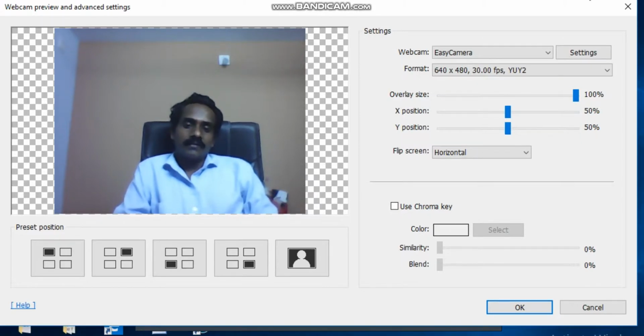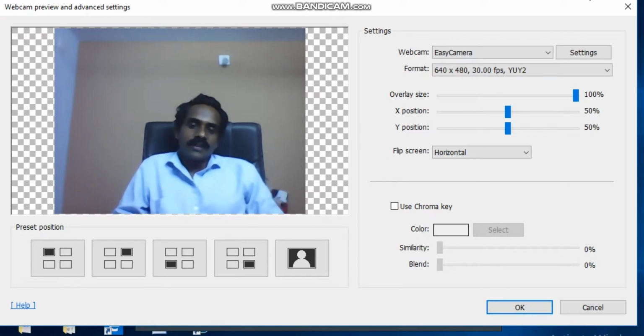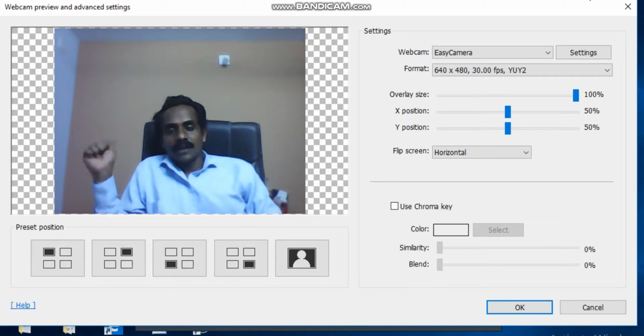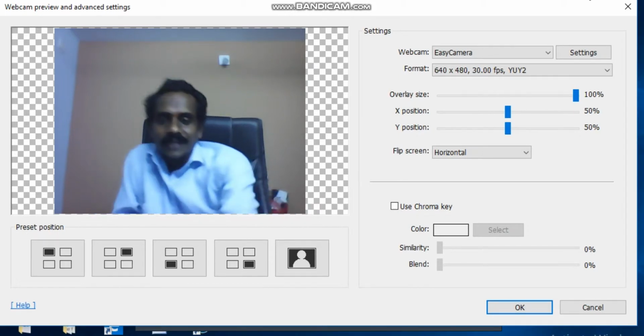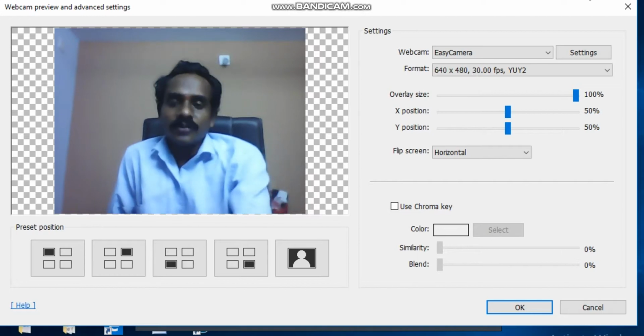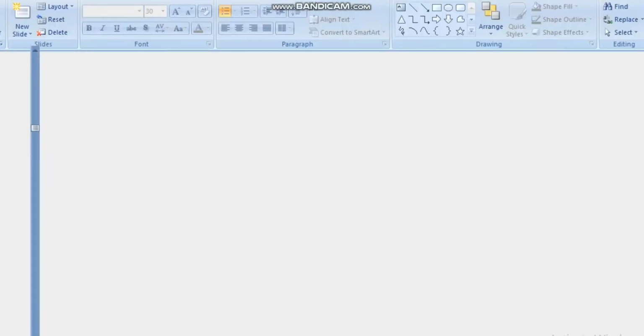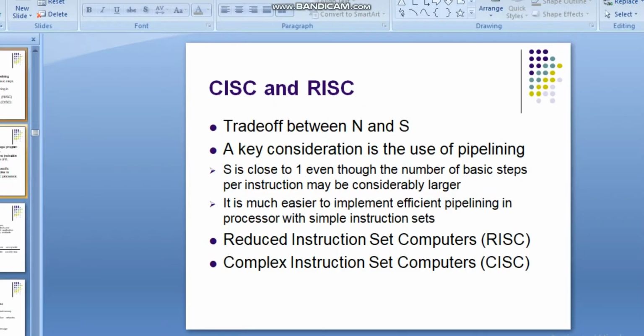Another feature of a RISC computer is that it uses simple addressing modes: direct addressing mode, immediate addressing mode, implicit addressing mode, register addressing mode. These simple addressing modes are used by the RISC computer, whereas CISC computers use complex addressing modes: displacement addressing, index addressing, relative addressing, and register-based addressing. A RISC computer example is PowerPC, from Motorola Corporation.